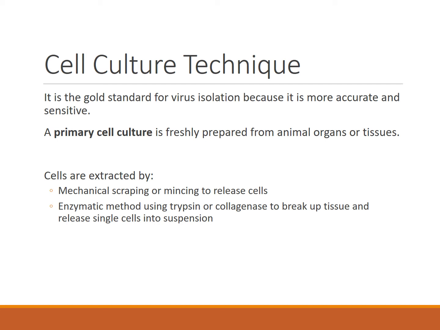Cell culture technique is considered the gold standard for virus isolation because it is more accurate and sensitive. A primary cell culture is freshly prepared from animal organs or tissues. Cells are extracted by mechanical scraping or mincing to release cells, and then the enzymatic method is applied whereby trypsin and collagenase enzymes are used to break up tissue and release cells into suspension.